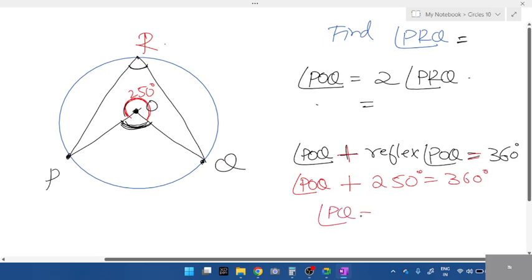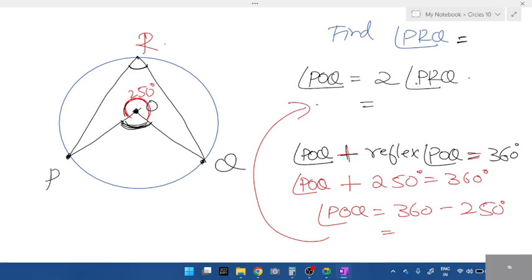So angle POQ is equal to 360 minus 250. First subtract this. Once you subtract, you will get POQ. Substitute here. Find the value of PRQ, all of you. Good, 55.